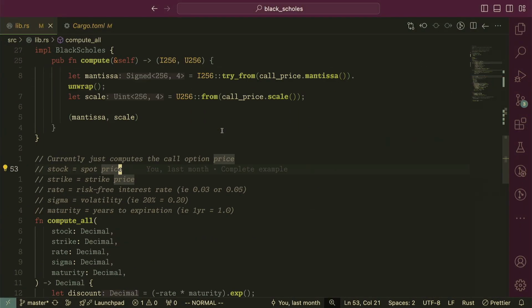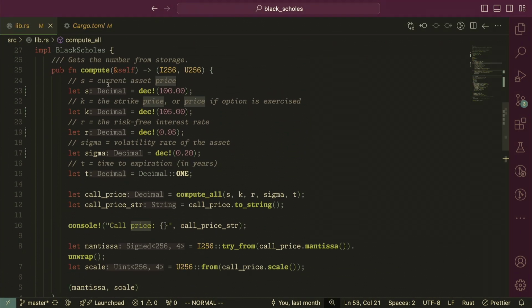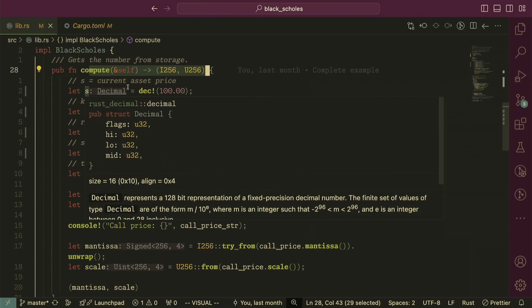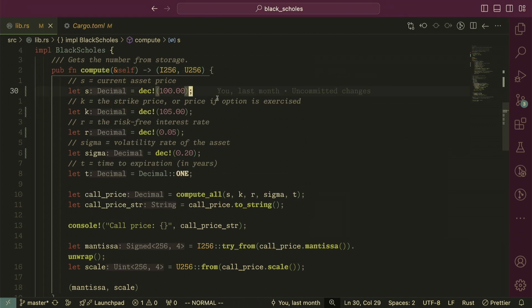So right down here, we've got the compute function that is the public function on this contract, and I'm hard coding a couple of things in here. Currently, we're going with the asset price as being $100, and that's the S part, or S sub 0, in the equation.